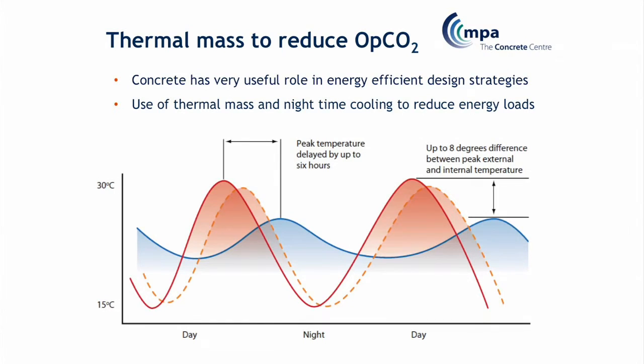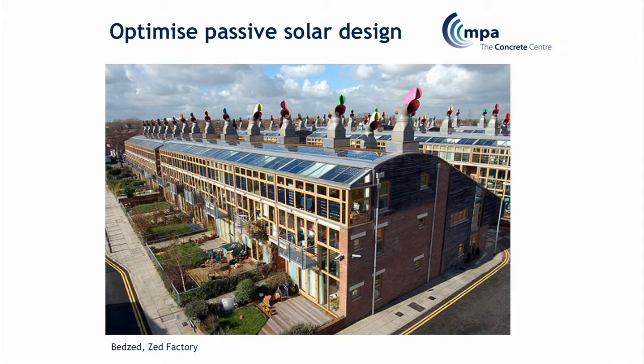Thermal mass, for example: concrete is very high in thermal mass, and it's a pretty well established means of reducing the heating and cooling load of a building, through the use of concrete and nighttime purging as well. There's lots of very good examples out there, particularly important if you can optimise passive solar design. Good housing examples such as BedZED and various other ones deal with that. It's an established means of reducing energy use within a building.